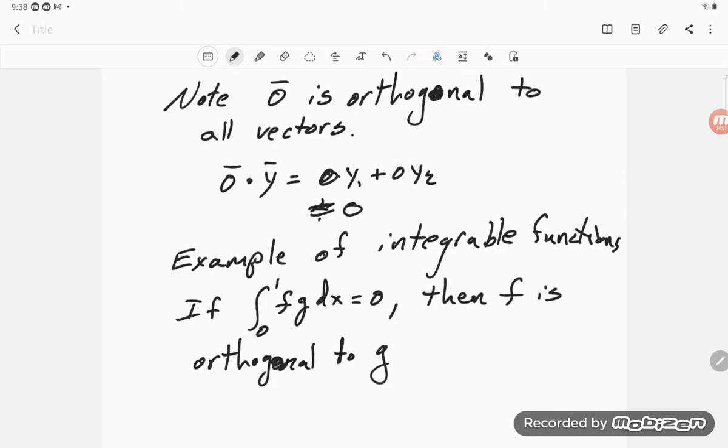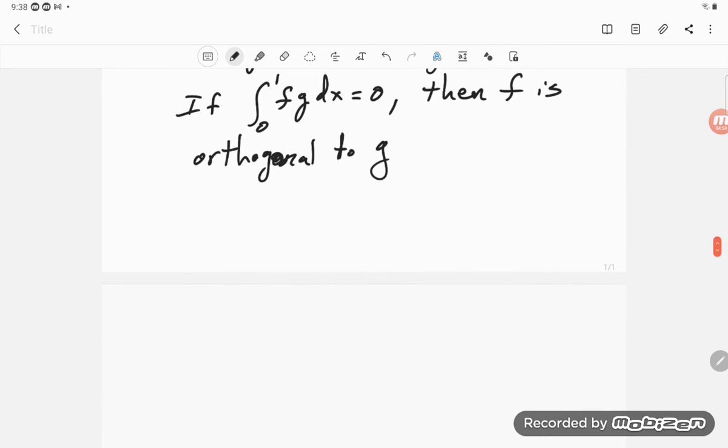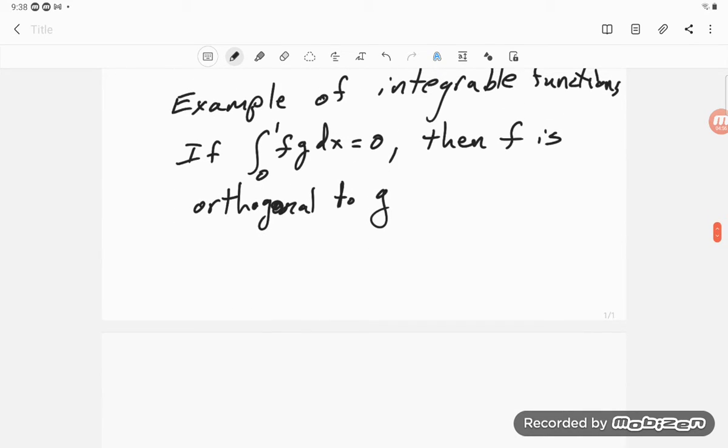Think about a couple of functions, like a sine function and a cosine function. The idea of perpendicular makes no sense here. But we could have something like this.